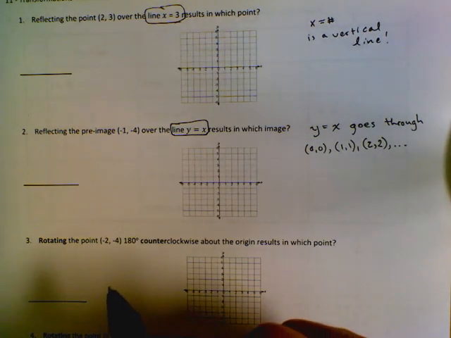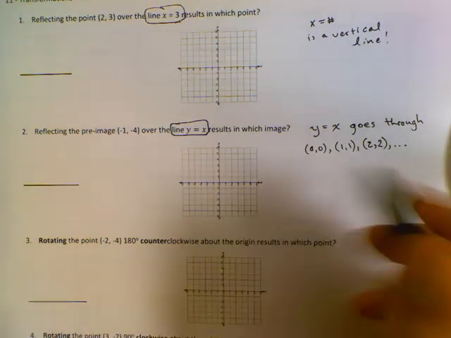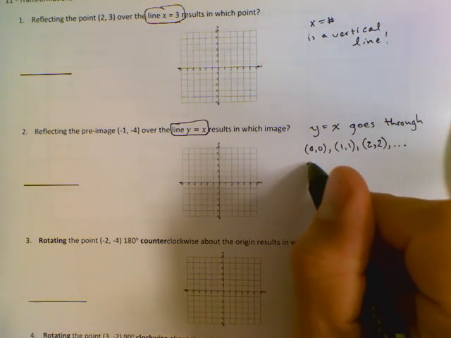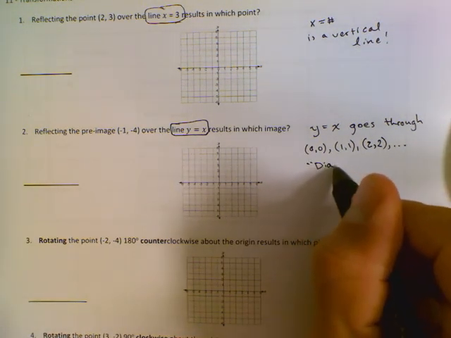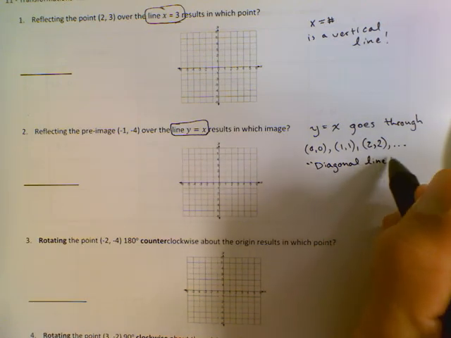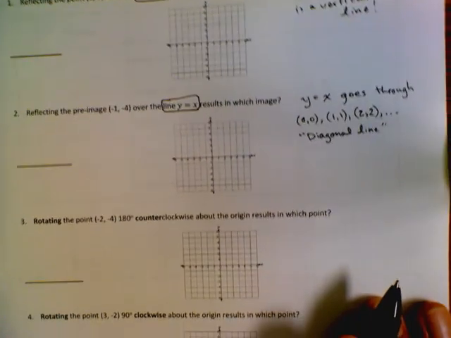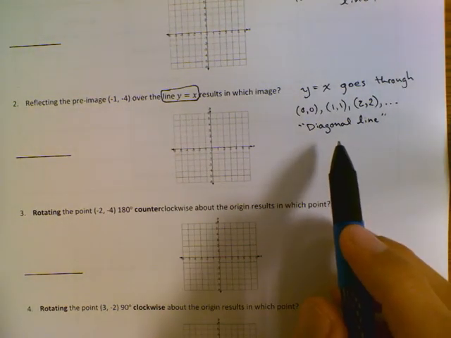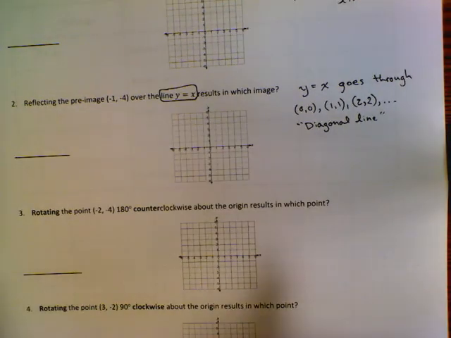Also the negative numbers. Okay, so if you plot all these points, you'll see that it is a diagonal line. Alright? So that one should help you reflect this point.